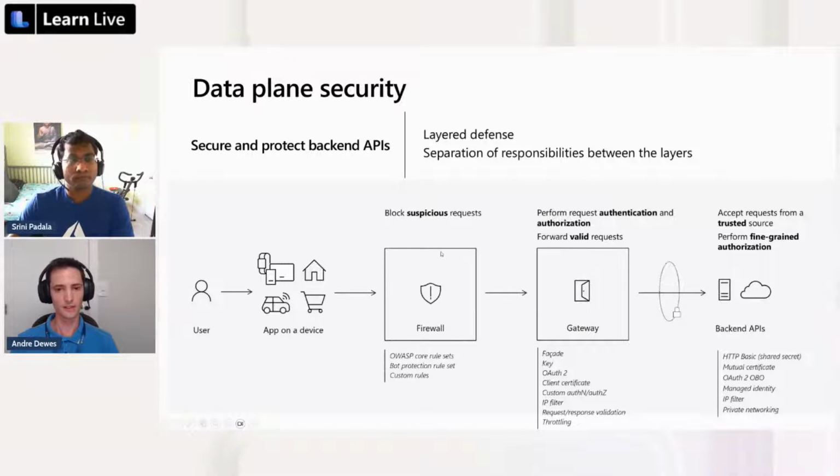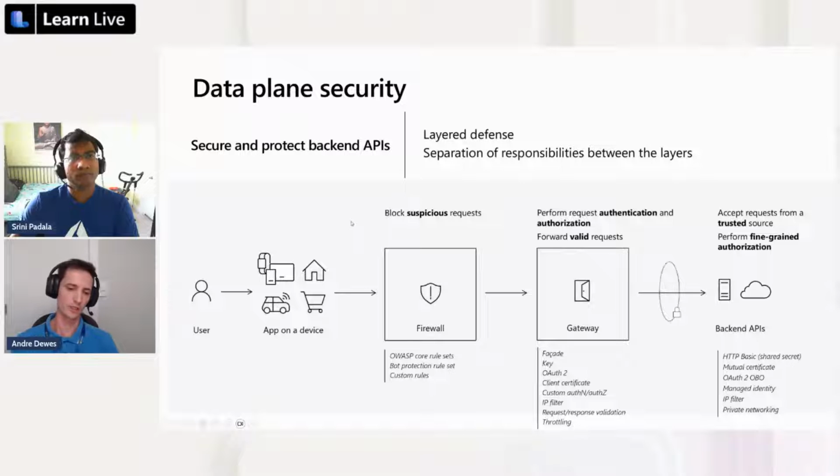And even before the gateway part of the API management, we can also put a firewall. Again, this was also mentioned by Srini. You might have the application gateway with a web application firewall in front of the gateway.